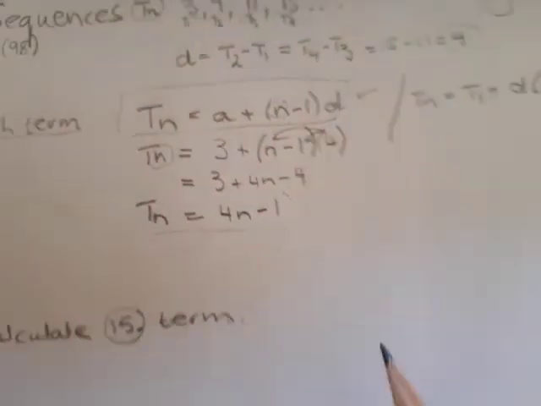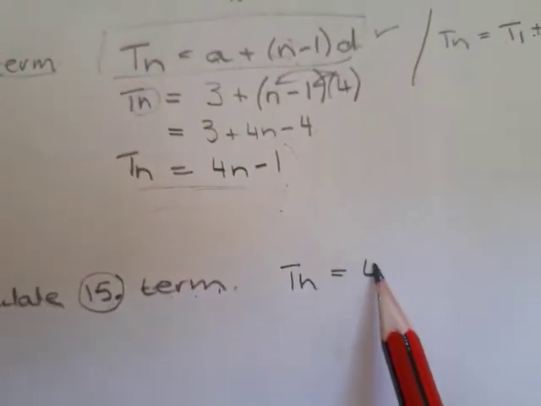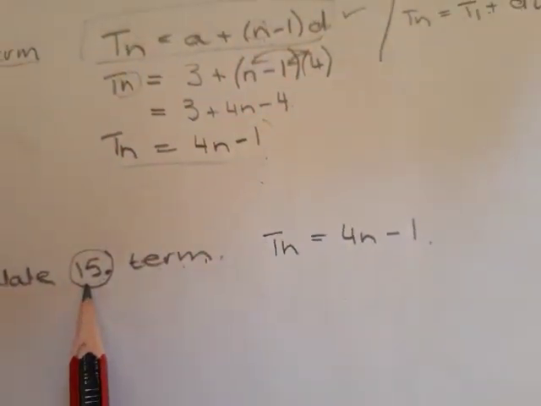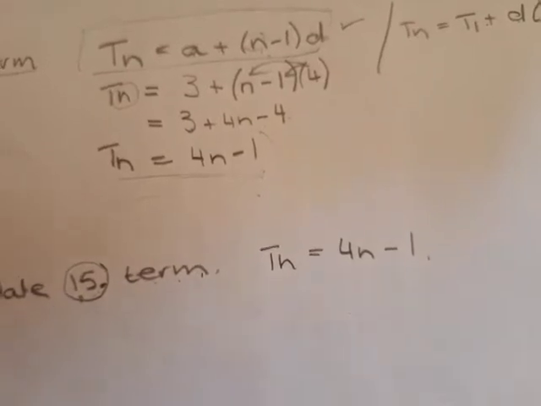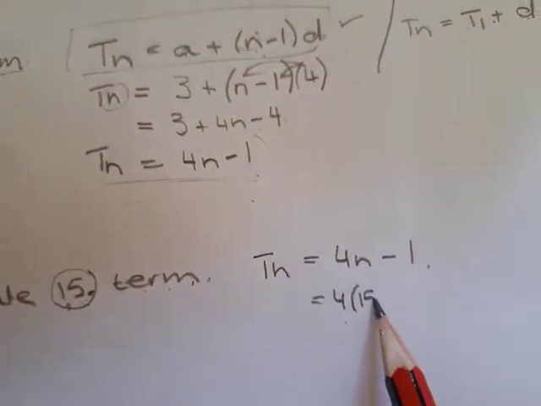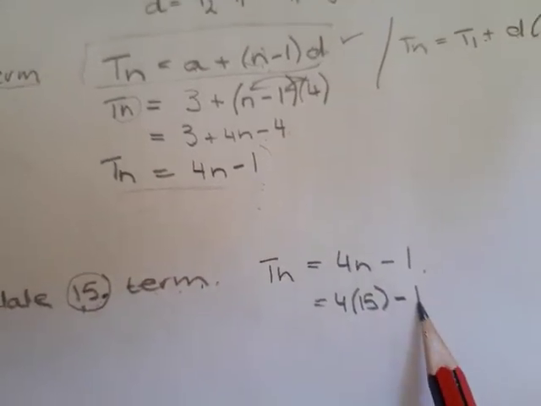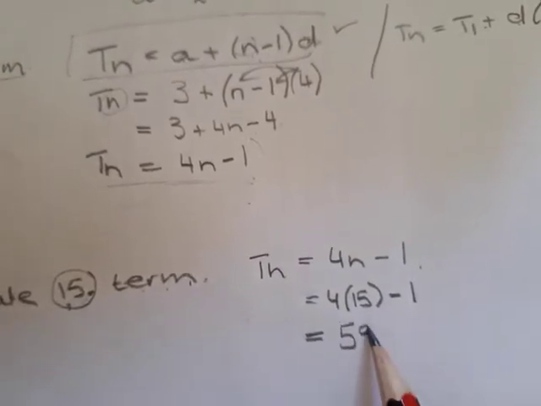That's what they ask, the 15th term. So you will then use your formula, 4n minus 1. And this is n, isn't it? Because it is the position. So you will now substitute 15 instead of n, and then subtract 1. And if you calculate that, it will give you 59.